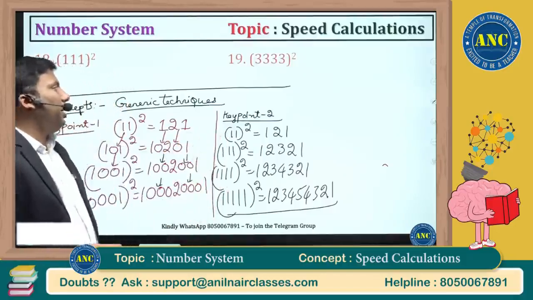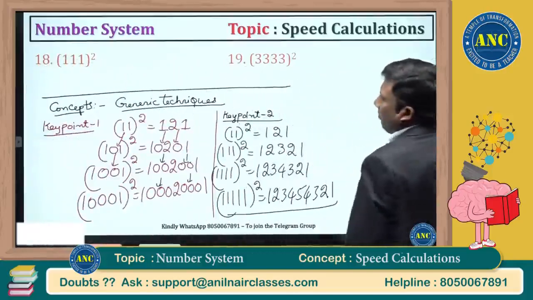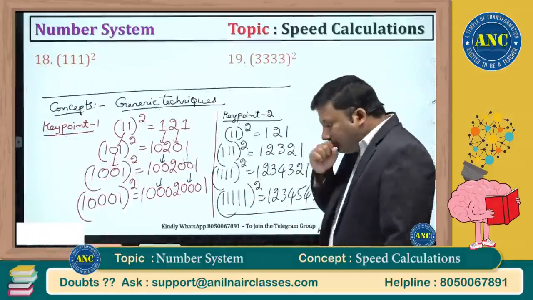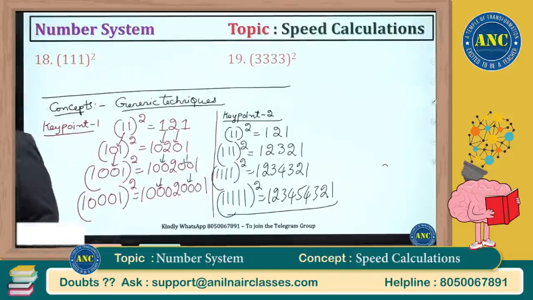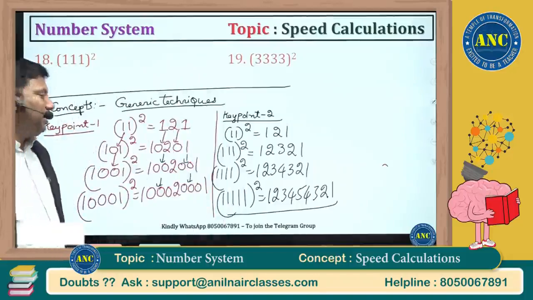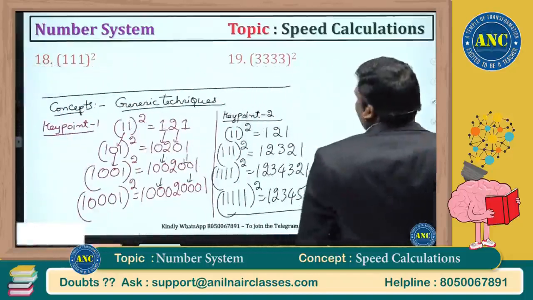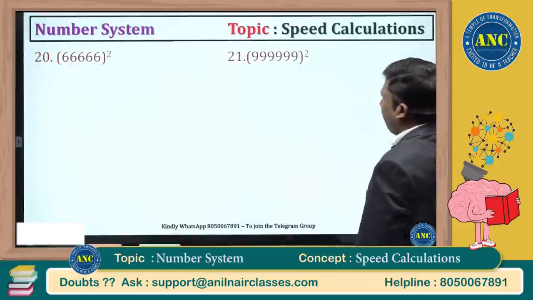I hope the idea is clear. 4 ones are there. The answer is 1, 2, 3, 4, 3, 2, 1. 5 ones are there: 1, 2, 3, 4, 5, 4, 3, 2, 1.